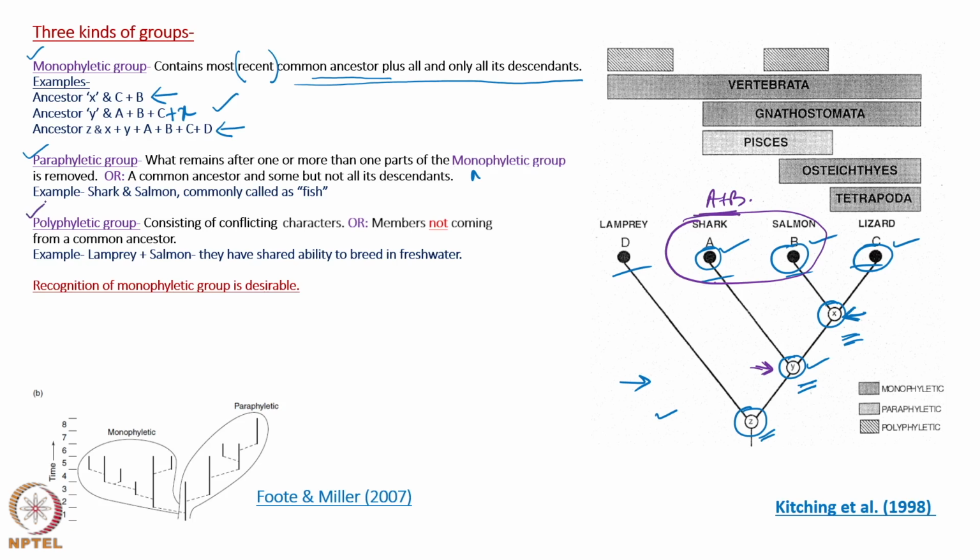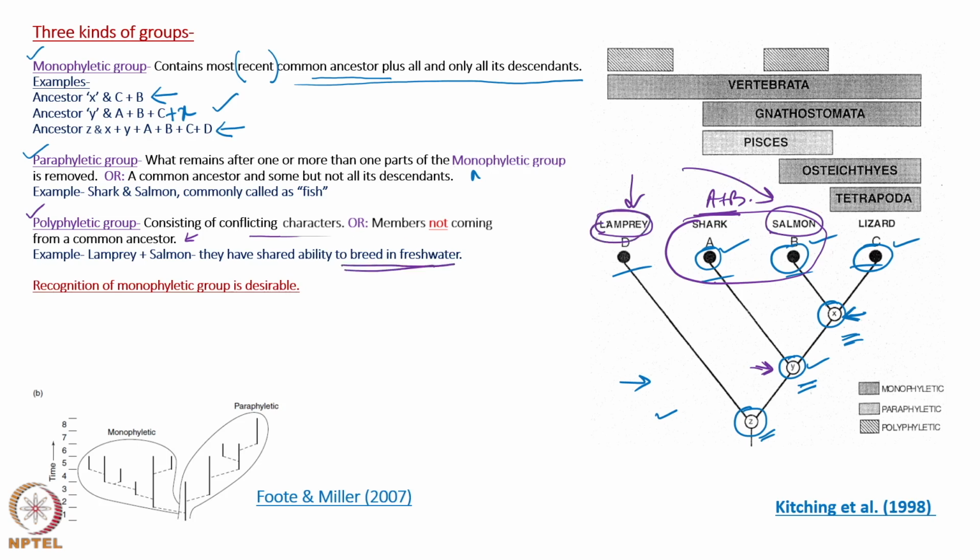What is a polyphyletic group? They consist of conflicting characters, or the members not coming from a common ancestor. For example, lamprey and salmon, these two have a common ability to breed in fresh water.